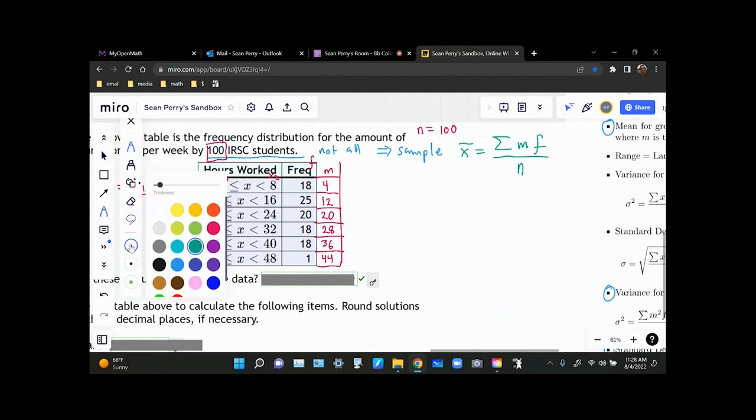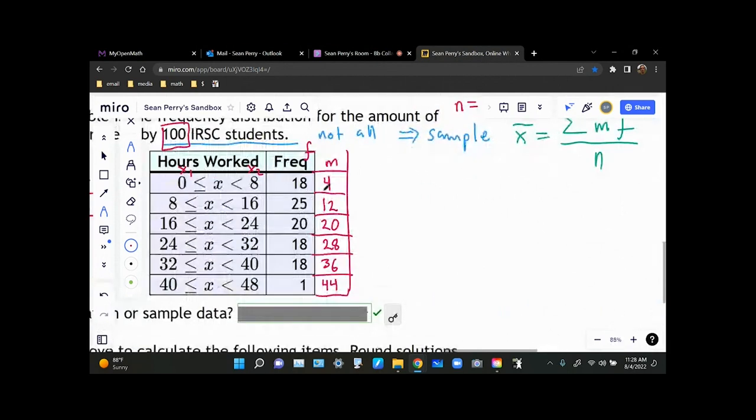Looking at our formula for the mean, we're going to need to calculate the sum of m times f. So let's create ourselves a column, m times f, to keep track. And in this column, we're just going to put the values m times f. So 18 times 4 would go first. That's 72. From there, we just add them up.